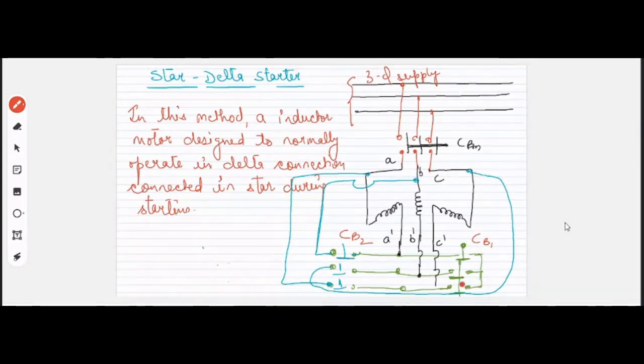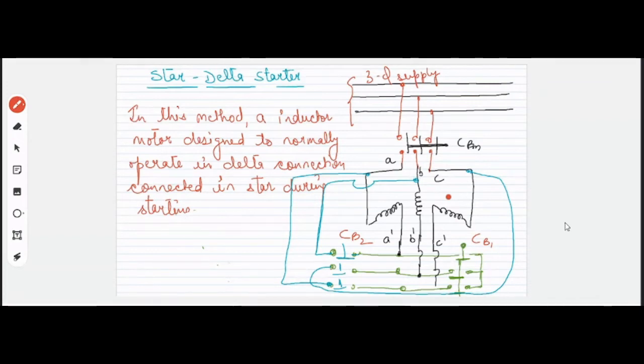Once your motor achieves a speed of around 70% of the final speed, this CB1 gets opened and CB2 is closed, so that this winding of the stator becomes delta connected. Is this fine?